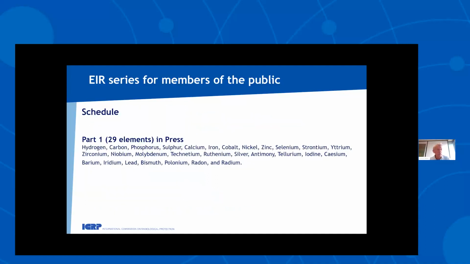So the schedule is as follows. Part 1, which is already in press, has the elements which are the most important for radiological protection. It is expected to be released within a few months. Parts 2 and 3 will contain data for every other element.